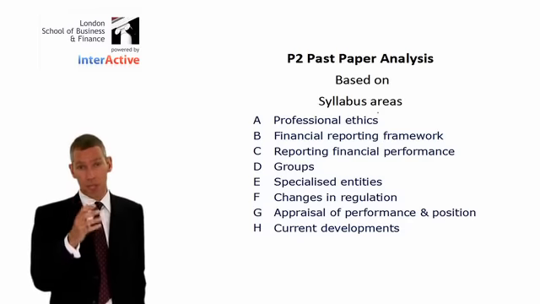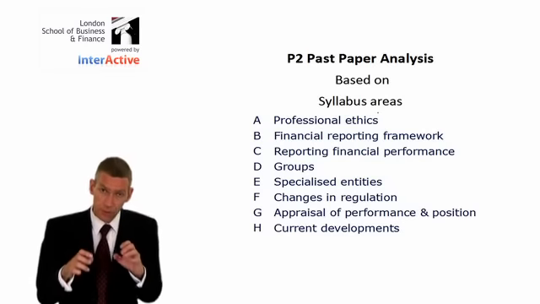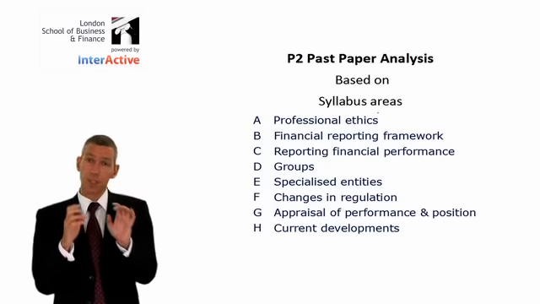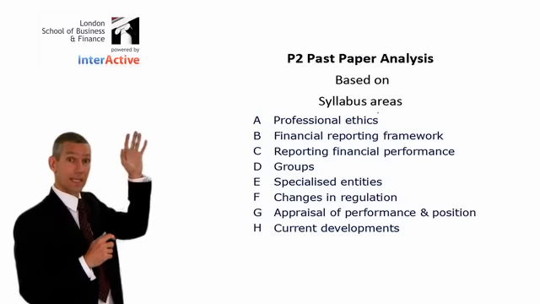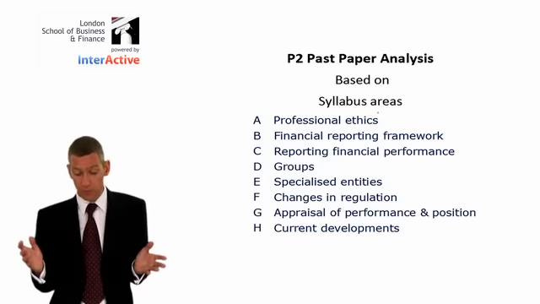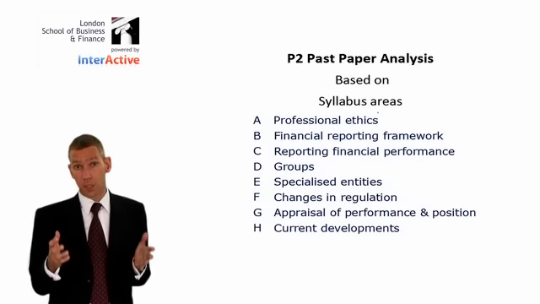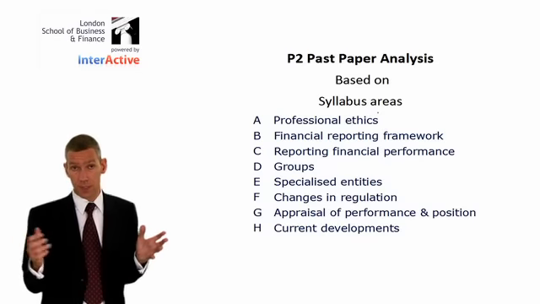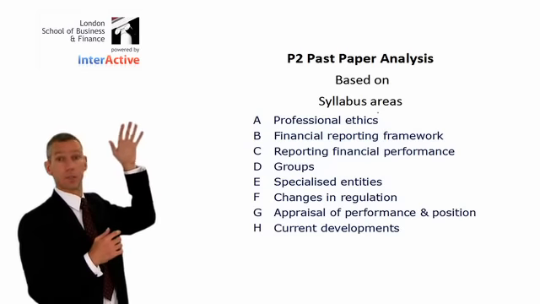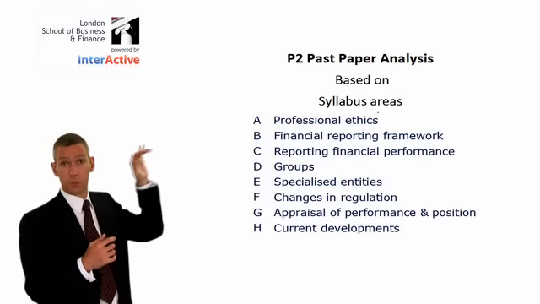Except just to say what I said earlier, and that is that the knowledge that is required within this syllabus is contained in C and D. C is the accounting, they call it reporting financial performance, that's the accounting, and D is the group consolidation process, understanding group accounting. And between the 125 marks, it's about 100 marks of accounting and 25 marks of group consolidation.